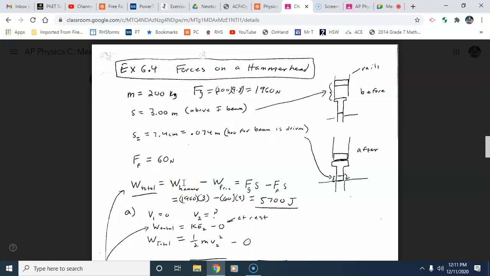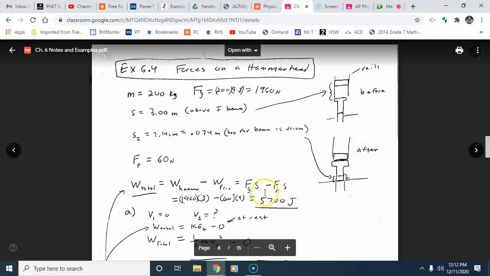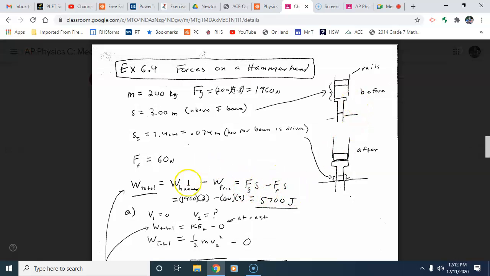Okay? So remember, work is equal to force times displacement, as long as we don't need the cosine theta, as long as the force is in the exact same direction axis as the displacement, right? So gravity, we know its force is downward and displacement's downward, so that is a positive amount of work gravity is doing on the hammerhead, right?